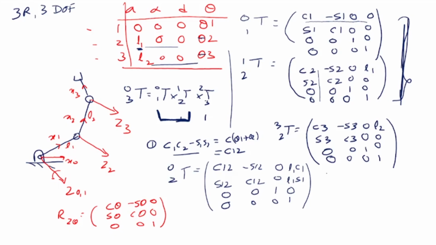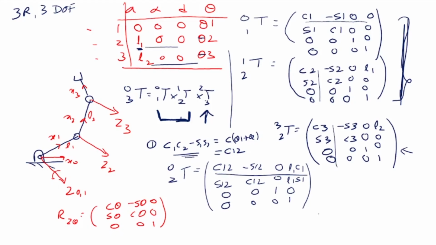Now I multiply this with the third one, which is this matrix. If you multiply this into that, what would you get? Exactly the same here, cos of theta 1 plus theta 2 plus theta 3.